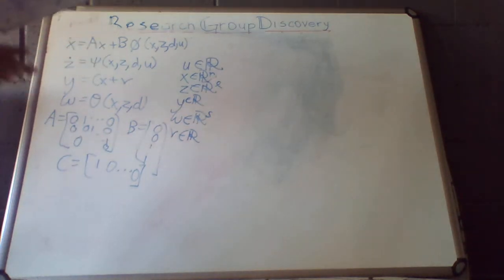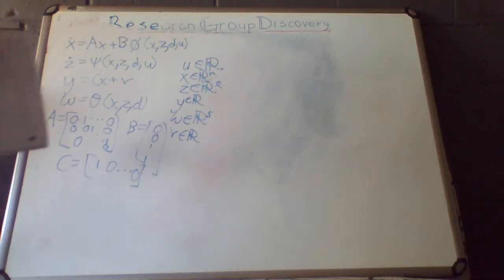we can then say, well, what does this kind of look like if we were to write out an example of what that would be? So here's the way that sort of looks.